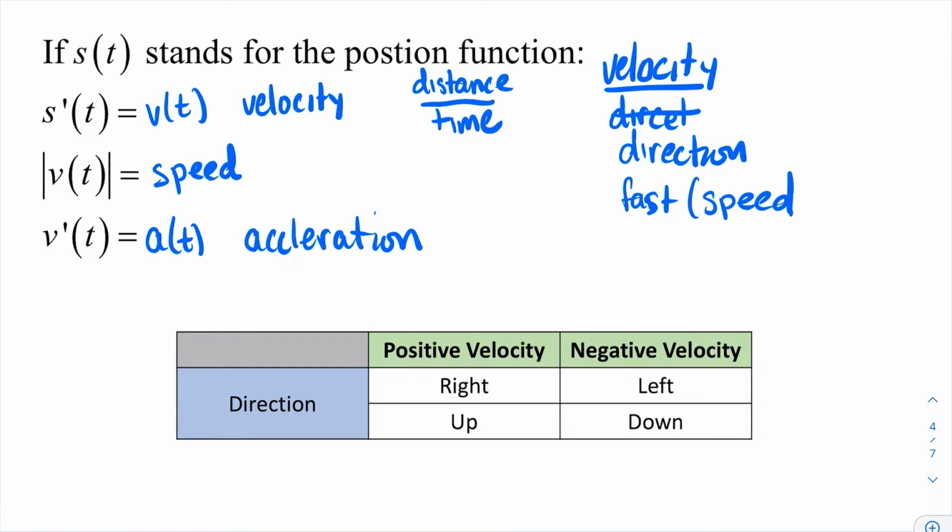So if you have a positive velocity, you are moving left or right if you're on like a number line, like the x-axis, or up if you're on a y-axis. Negative velocity, you're moving left or down in relation to your starting point.